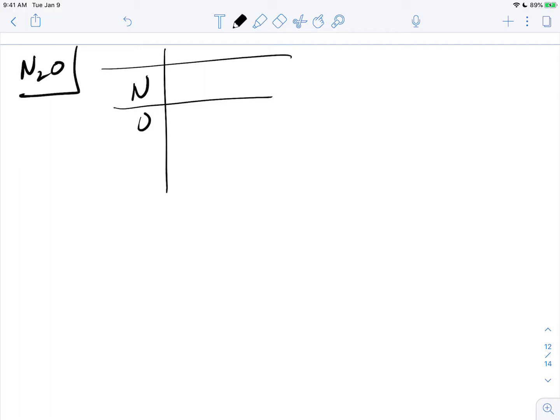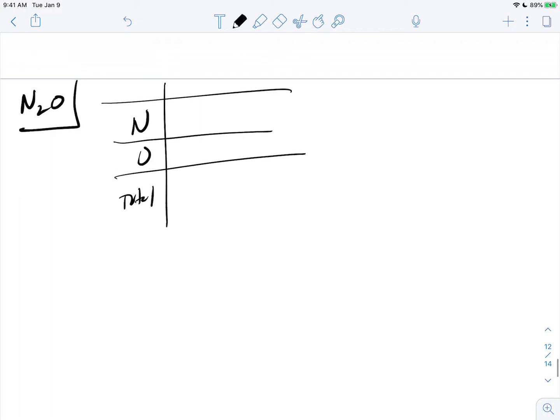So here's the example, N2O. I'm going to walk through it together. This is a really good molecule to practice on. So we have nitrogen, oxygen, and total. So we've got number of valence electrons.